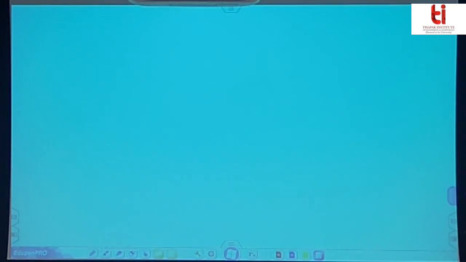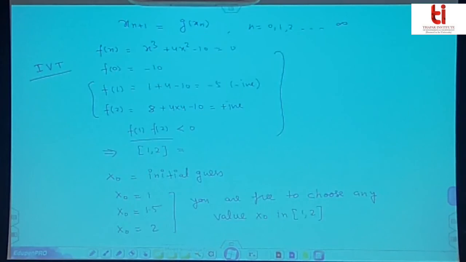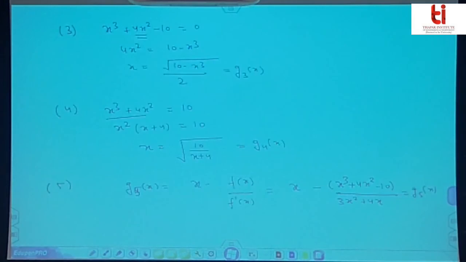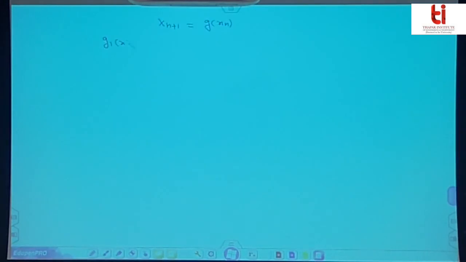Okay. Now, apply x(n+1) equal to g(xn). So, the function g1 is what is given to you here. g1(x) is x cube plus 4x square plus x minus 10.